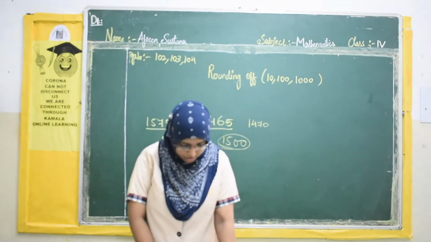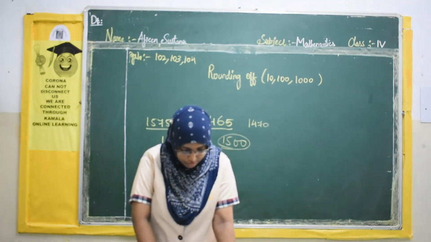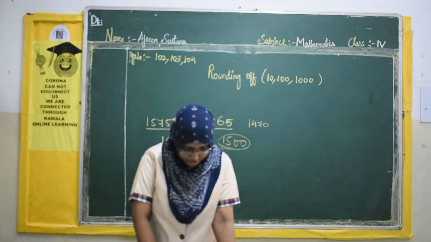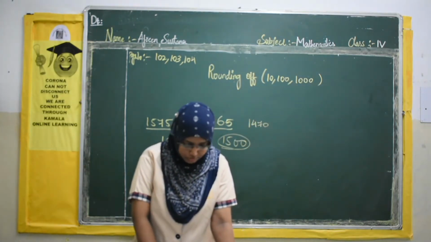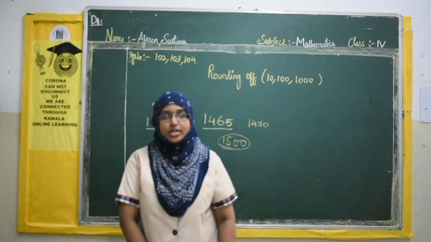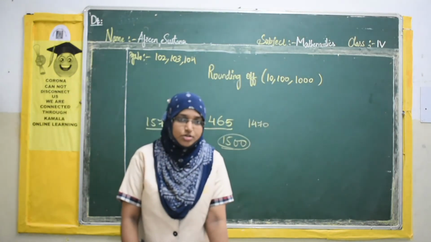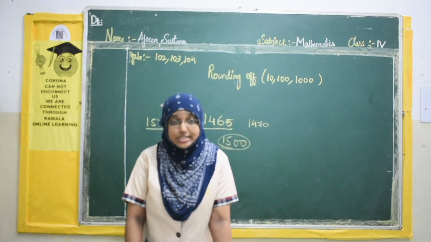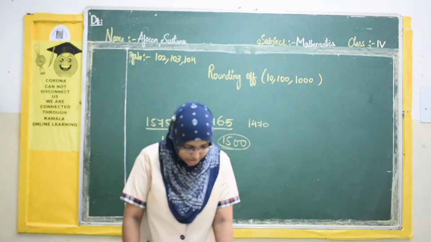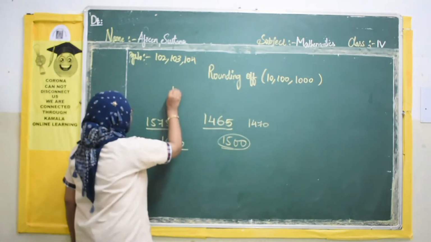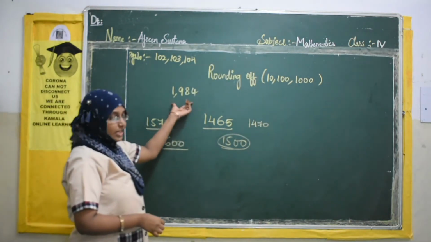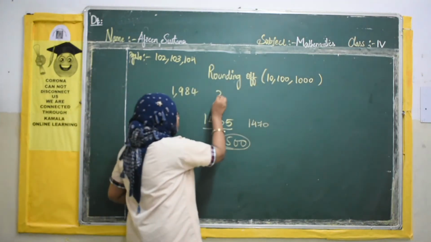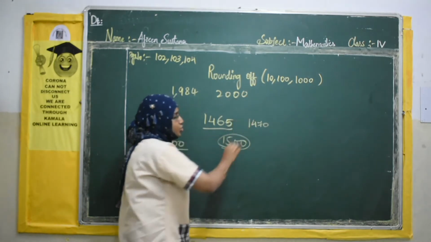Now, if there are 1984 students in your school, you may say that there are approximately 2000 students in your school. Supposing I ask you how many students are there in your school, you may not know the exact number, right? As you don't know the exact figure, you might say maybe there are 2000 students.